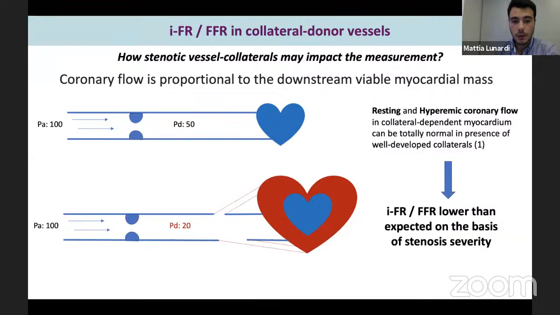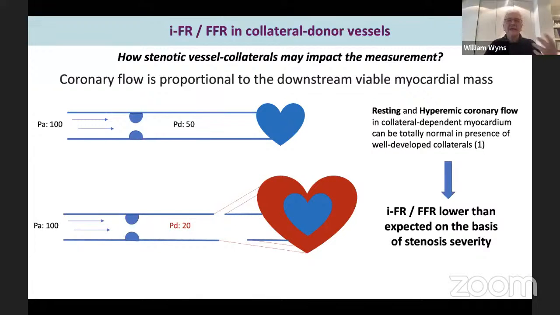And for a given stenosis, compared to a situation without these collaterals, we can expect a lower iFR and FFR value on the basis of the stenosis severity because of this increased myocardium that is supplied by the vessel in question.